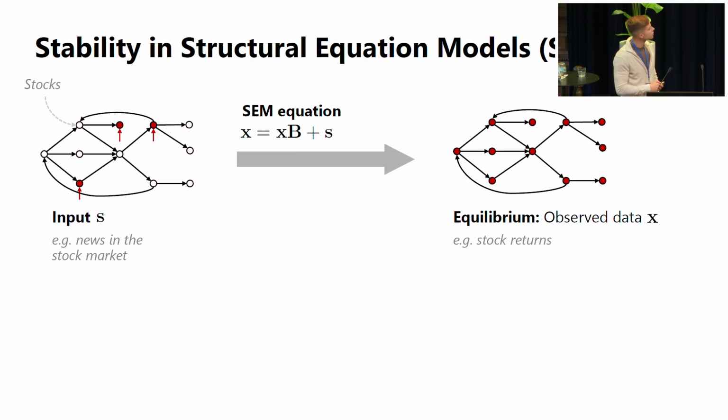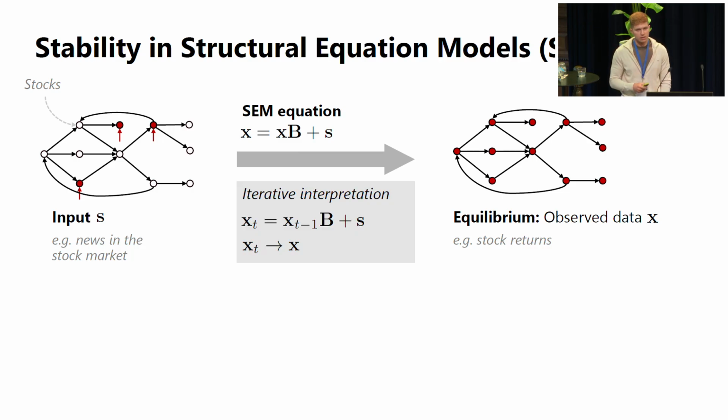For this reason, there is also an iterative interpretation of the linear SEM. We can imagine the SEM as starting from a zero vector and then iteratively applying the SEM rule with a constant exogenous input S. And at some point, we might reach the equilibrium of the observed data.